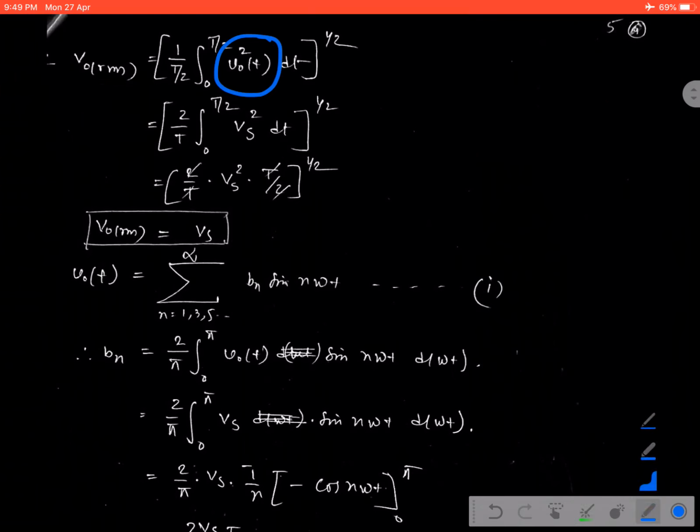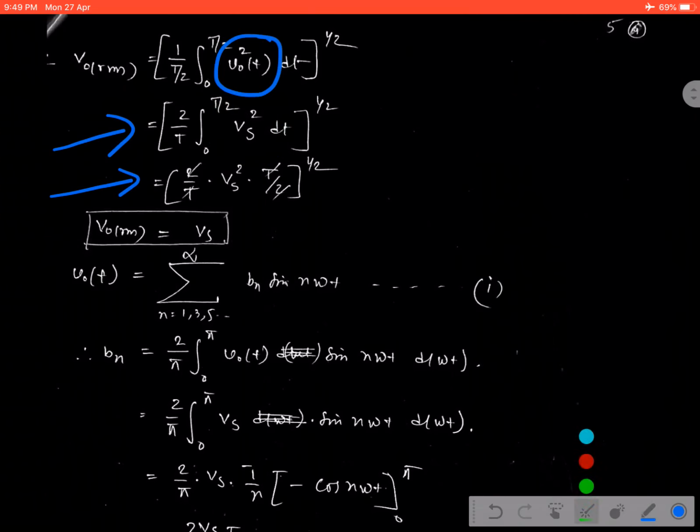After simplification, as the output voltage is similar to the input voltage, we can replace the term by Vs, and further integrating this part, that is Vs square, we will get this result: 2 by T, Vs square, T by 2, under root.